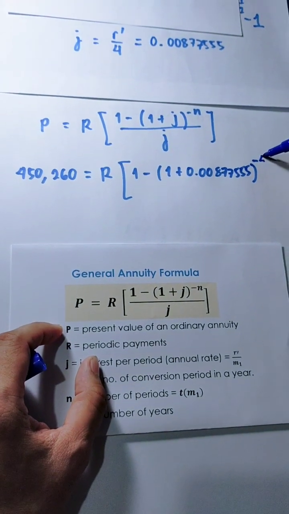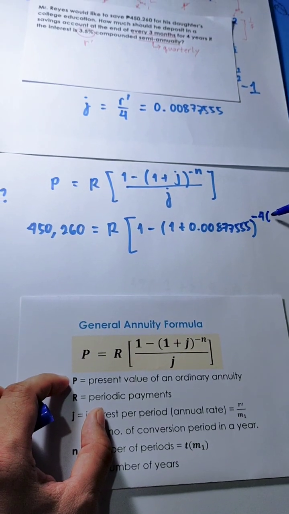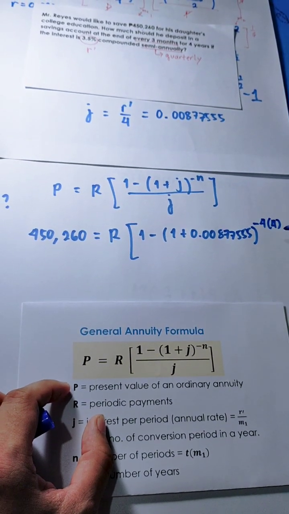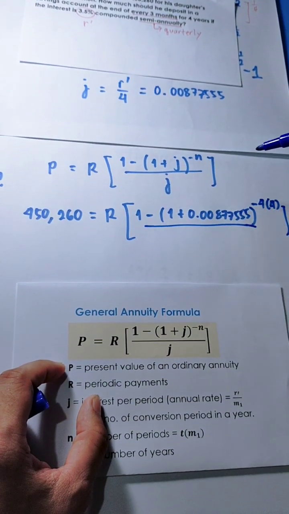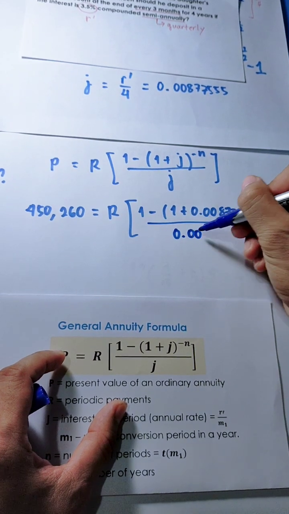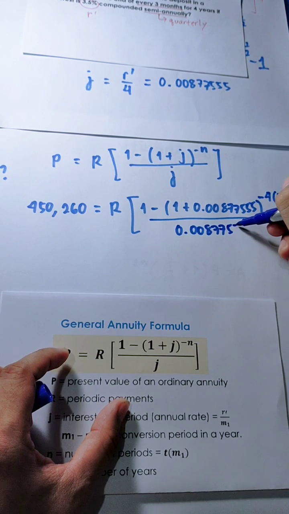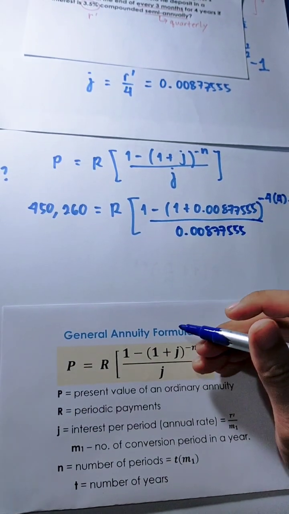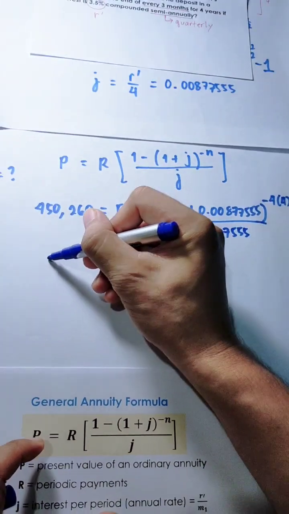That is 4, and the number of years is 4 as well. Then all over J. Our J is again 0.0087755.